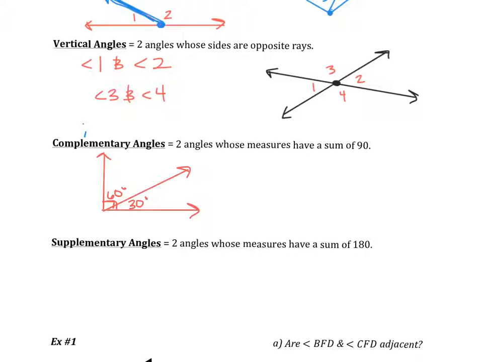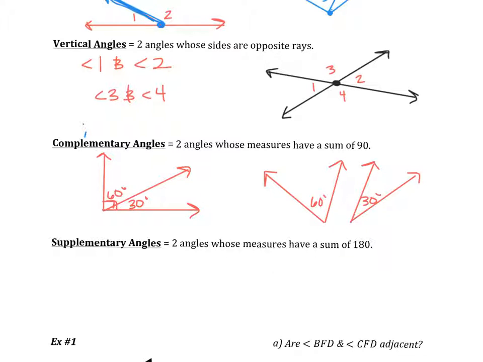So you could just have an angle here and an angle there. This is not going to be drawn to scale. Use your imagination a little bit. Let's say this is 60 and this is 30. Those still are considered complementary angles. So they don't have to be touching, they don't have to be adjacent for them to be complementary, okay?